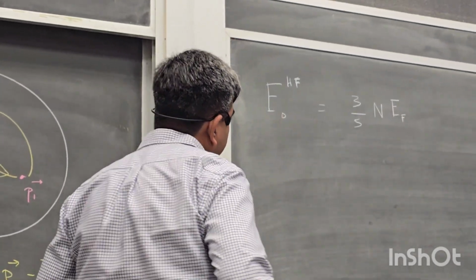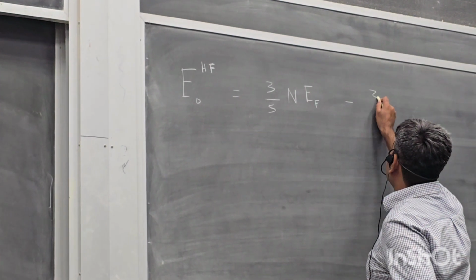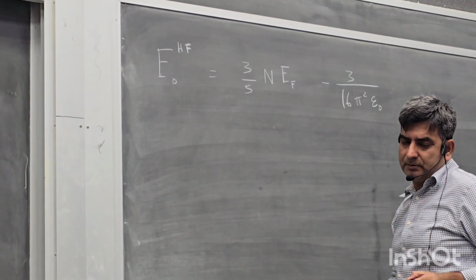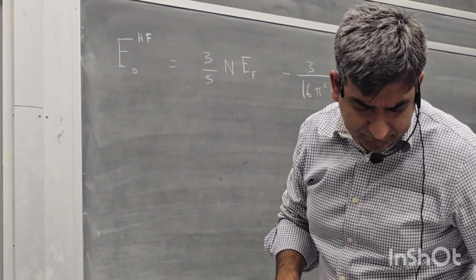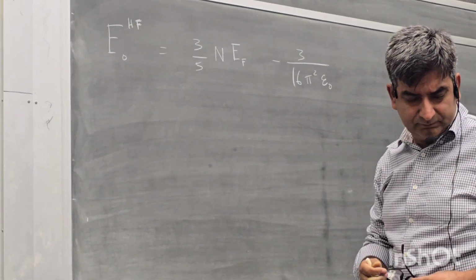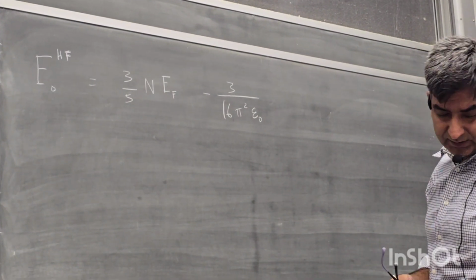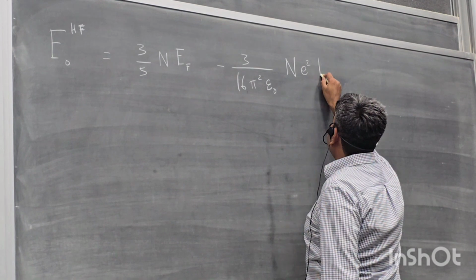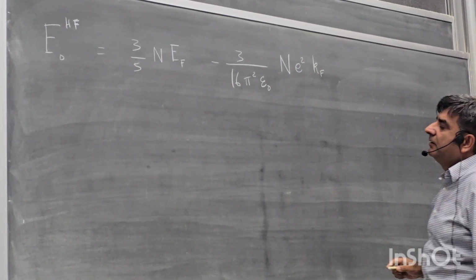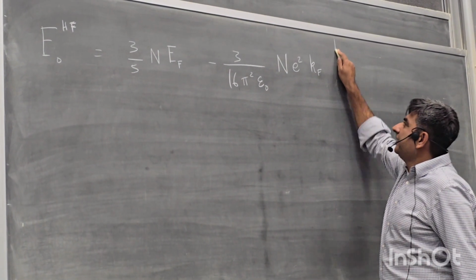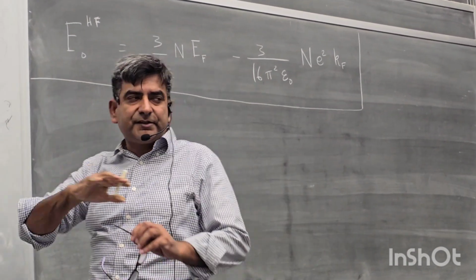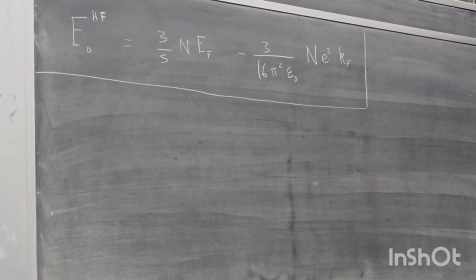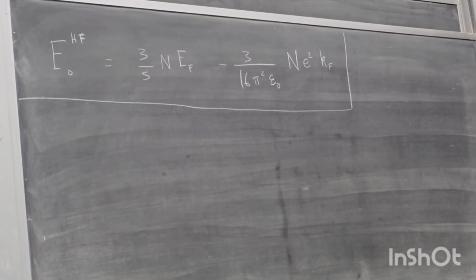Kf, but this is the Fermi wave vector. So this is the energy of the system of interacting electrons in the absence of a magnetic field, and that's the ground state.